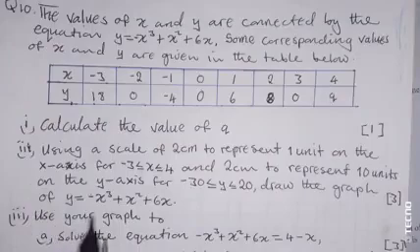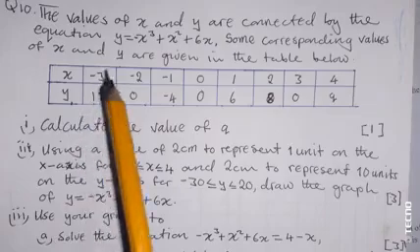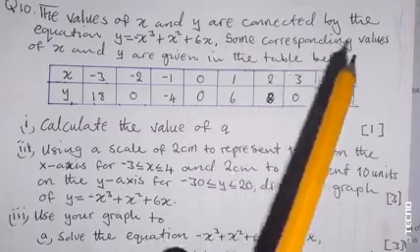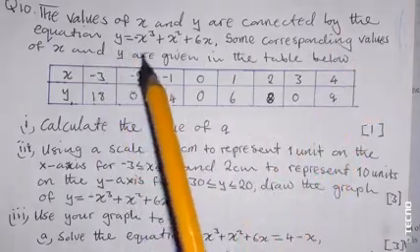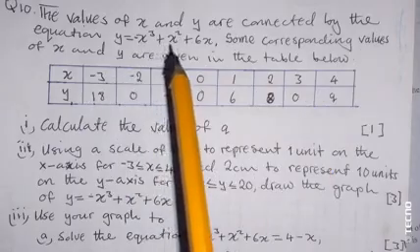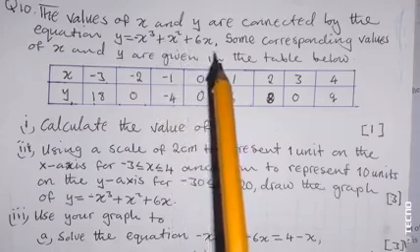Here with me I've got this question, which is 2024 question 10 of the ECZ. The information reads: the values of x and y are connected by the equation y is equal to negative x cubed plus x squared plus 6x.